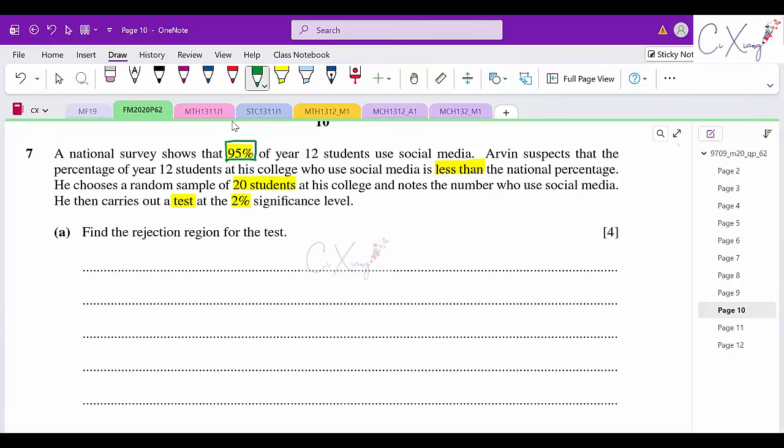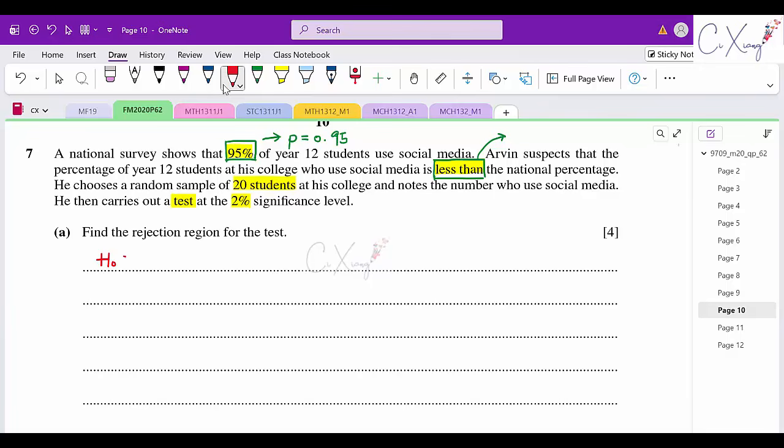So 95% means that P equals 0.95, and we want to test this particular value because we suspect that the proportion should be less than the national percentage. So less than gives you an idea to set up the alternative hypothesis, where your P should be smaller than 0.95. So basically this is the hypothesis test question.